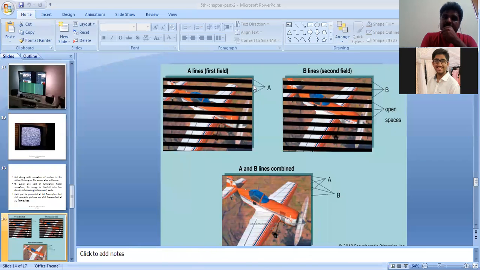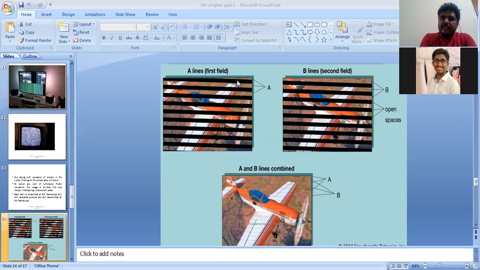You take the alternate lines, that is called a field. All these black lines put together are one field, and those which are not black put together are another field. The one which is scanned here need not be considered again; rather the complement of it will be considered. If you club both the images, it will be a complete picture.